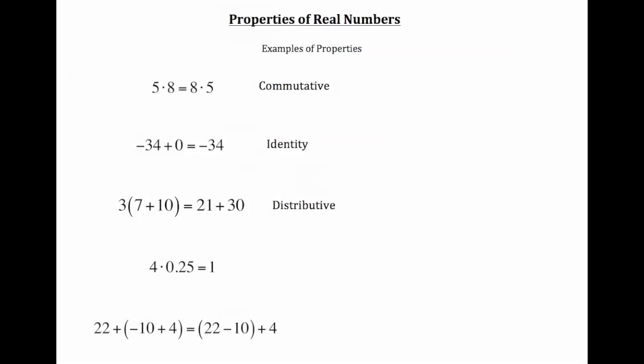So this would be an example of using the inverse property. Now this last one, we have 22 plus the quantity of negative 10 plus 4. And that should equal the quantity of 22 minus 10 plus 4. So here when you're using addition, it doesn't matter where these parentheses are, so you'd be using the associative property.